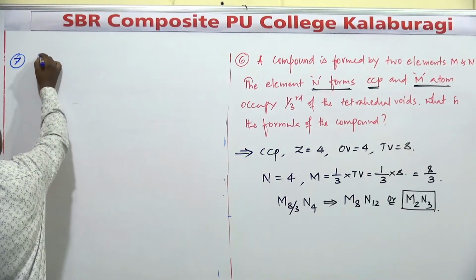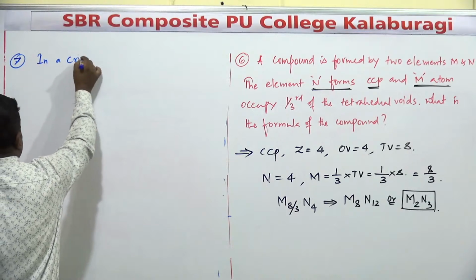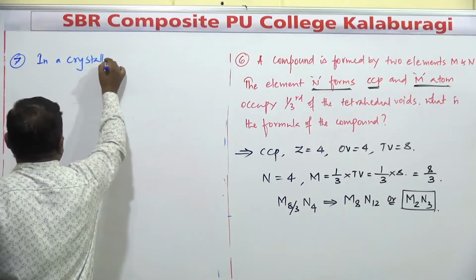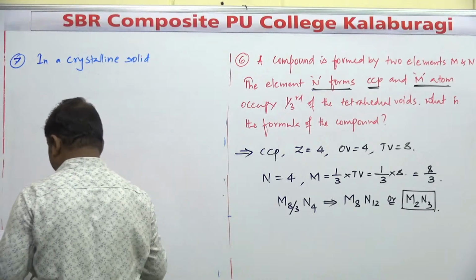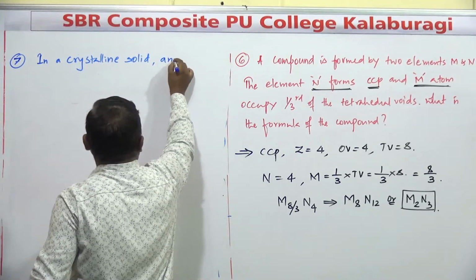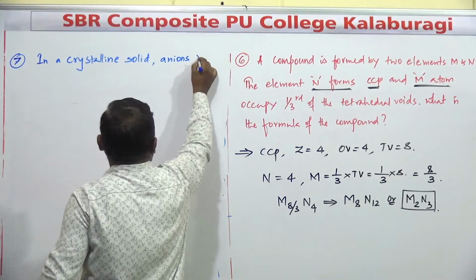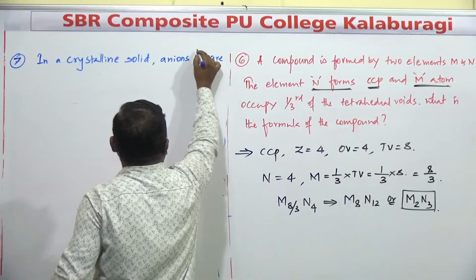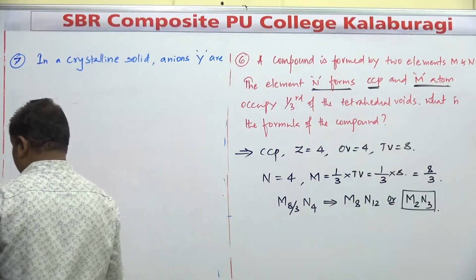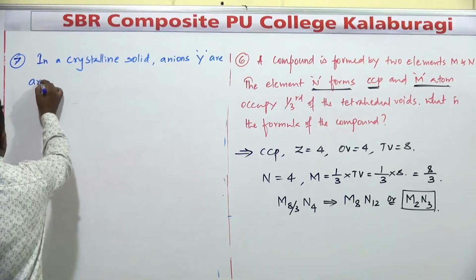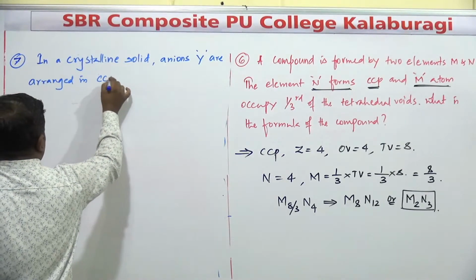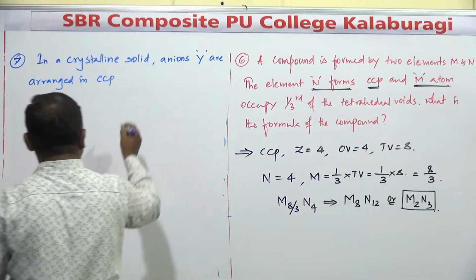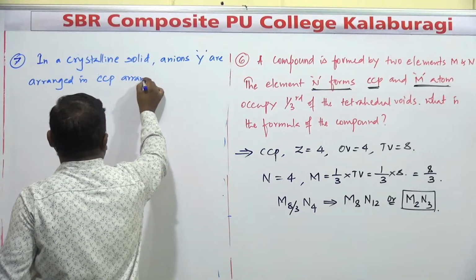In a crystalline solid, anions Y are arranged in CCP arrangement.